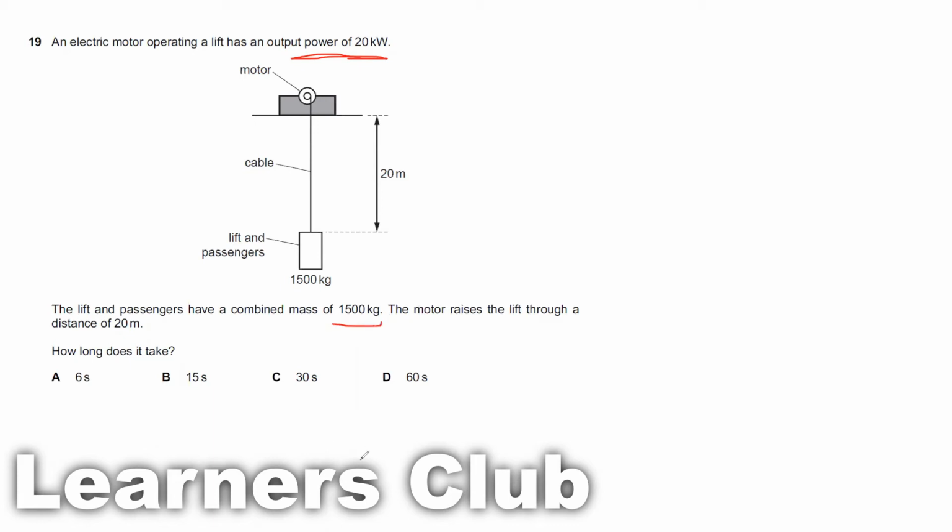So we already know that power is equal to energy over time. Basically this energy is the gravitational potential energy because it is raising up vertically through a distance of 20 meters. So first, make energy the subject: power times time is equal to the gravitational potential energy, which is mgh.